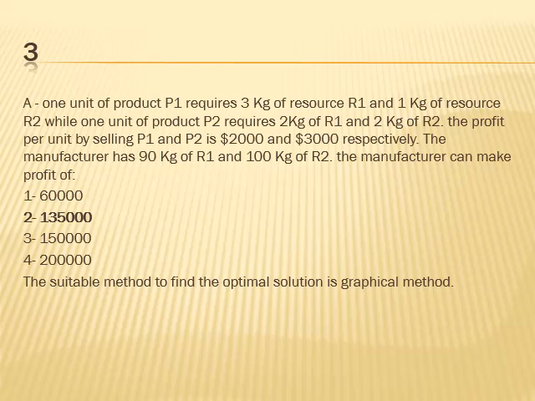As you can see, we have two products, X1 and X2, of course, and two resources, R1 and R2. That's why two constraints, one for R1 and one for R2. Of course, the problem is about maximizing profit, so the constraints should be less than or equal to the total available resources.